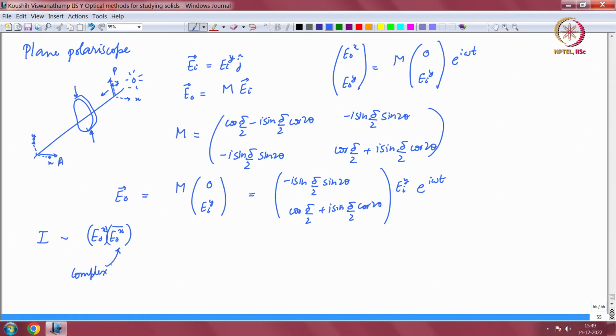So, it is the magnitude of that vector, of course the complex vector's magnitude, and the fact that you are cutting out the y component because the analyzer is horizontal along the x means that you are only going to look at this component, and if you take a complex conjugate of that, you will get sin square delta by 2 sin square 2 theta, and the averaging and so on applies as we did before. You will get e power I omega t minus I omega t, does not matter. And this is the same as before. You have again your isoclinics and isochromatics and so on.